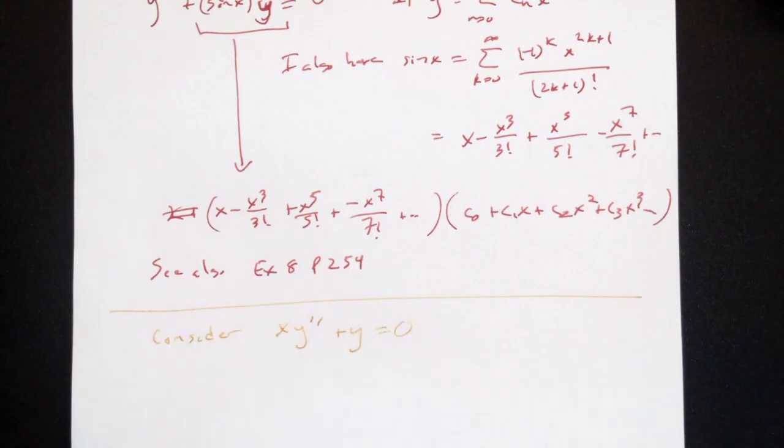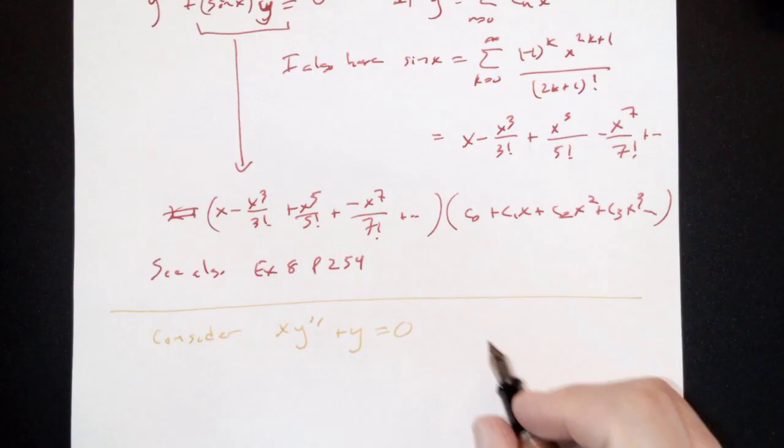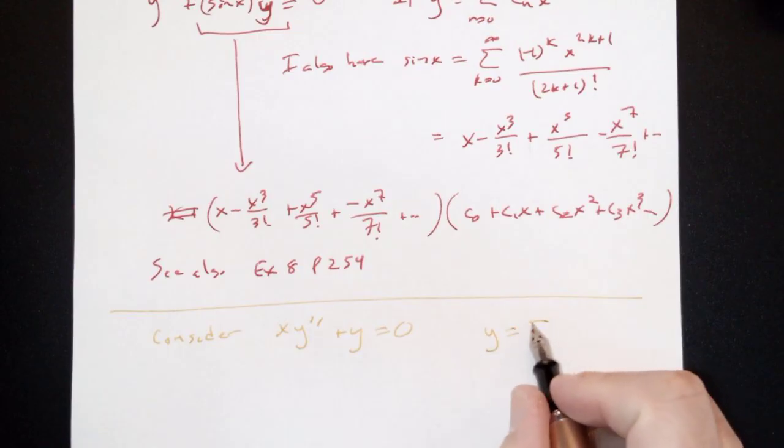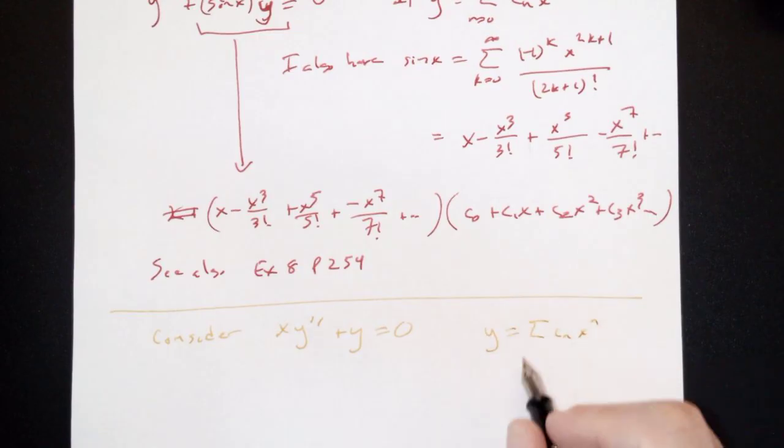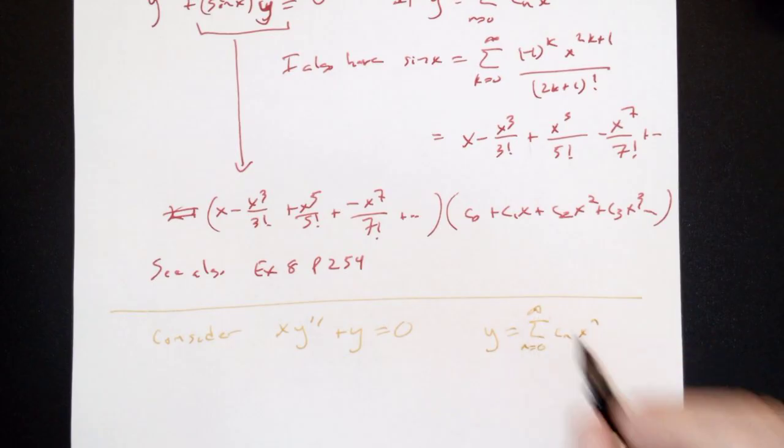Here is another power series problem. If I wanted to do what we were just doing, I would say, oh, well, I'm going to let y equal the sum of cn x to the n, n equals 0 to infinity.